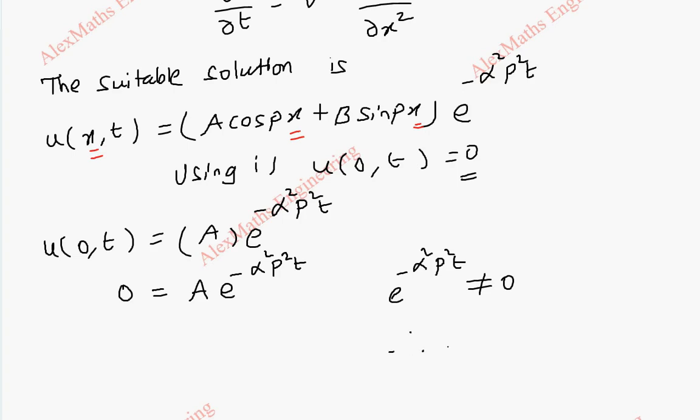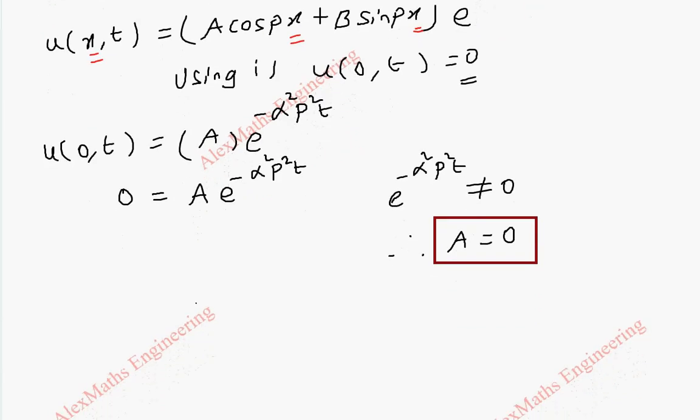Therefore the only option is A must be 0. This A = 0, we have to substitute in our solution. So u(x,t) will be, when A is 0, this part will not be there. We have B sin px e^(−α²p²t).